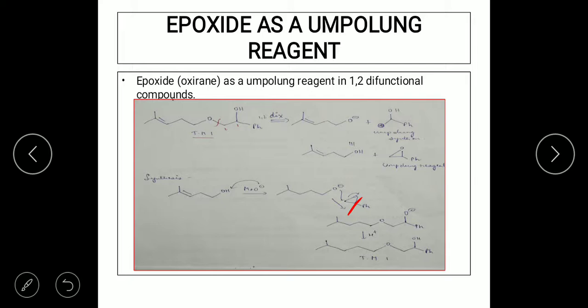So the O minus is going to attack the C plus carbon. When it attacks, there is going to be ring opening. At this ring opening junction, the epoxide is used as the umpolung, wherever there is ring opening of the epoxide. When there is ring opening of the epoxide, we get O minus. So a bond is now created between oxygen and the carbon, and we can go on writing down the intermediate.